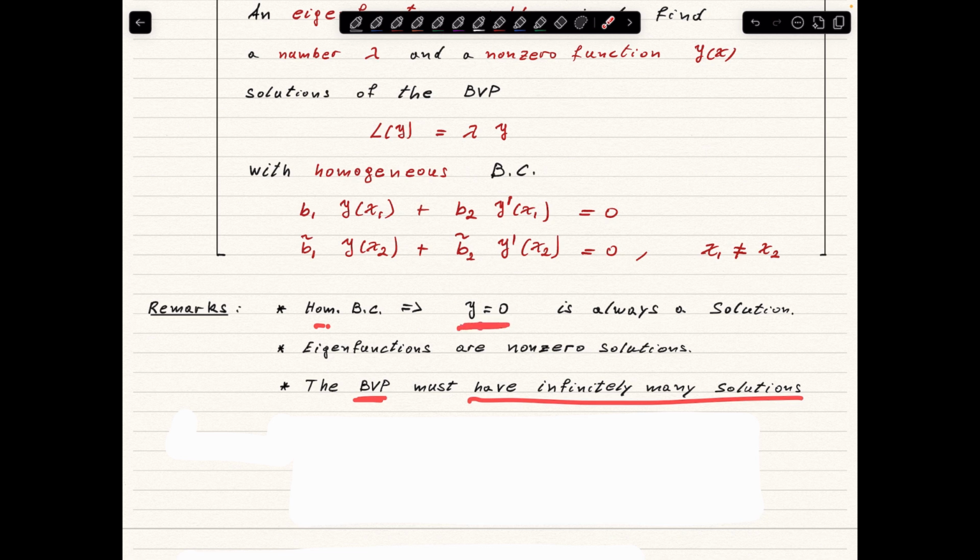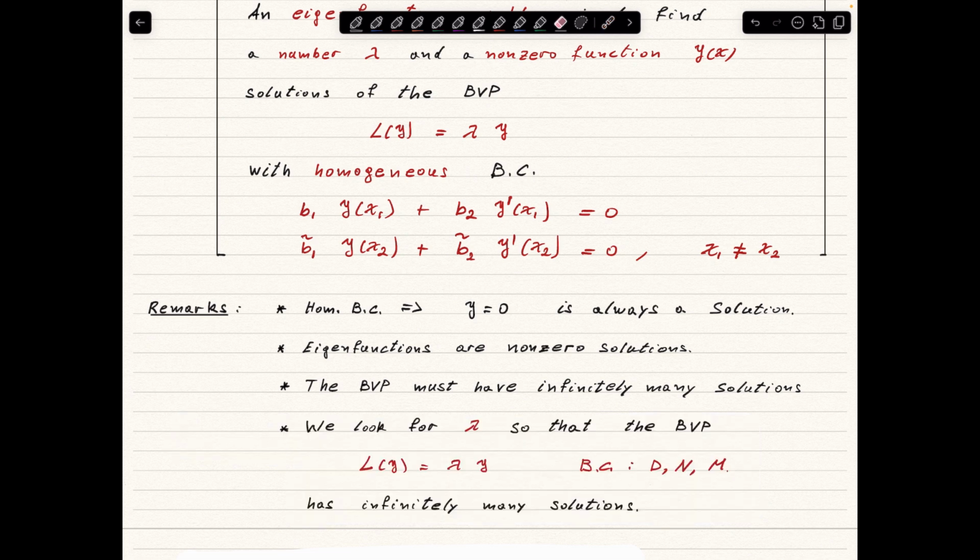If we want more solutions, that means the boundary value problem must have infinitely many solutions. Okay, so essentially we are looking for a number lambda so that this differential equation with the boundary condition, either Dirichlet, Neumann or mixed, has infinitely many solutions. That is the condition we are going to use to find lambda.